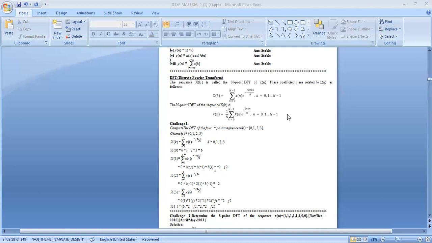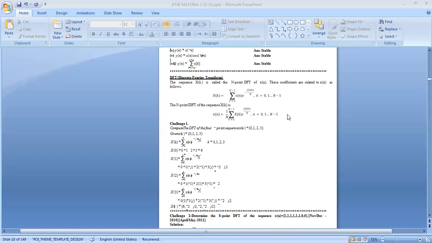First you replace n equal to 0, so x of 0 e power 0. Anything power 0 will be equivalent to 1. So x of 0 plus x of 1 e power minus j pi by 2.